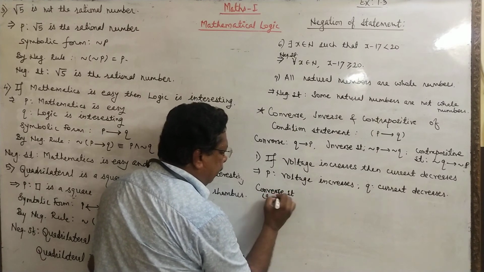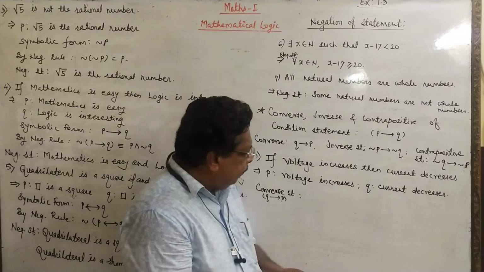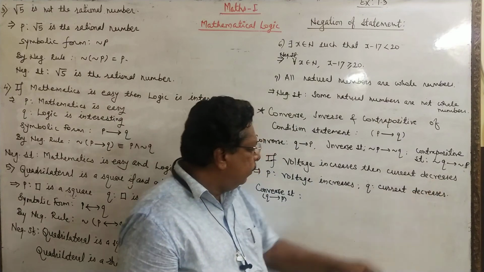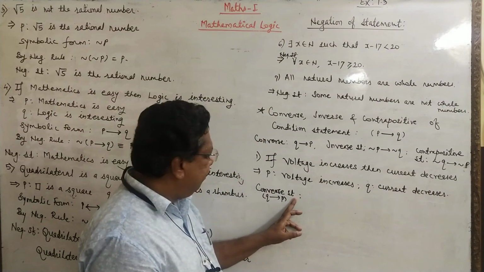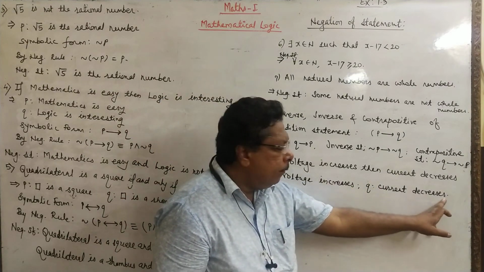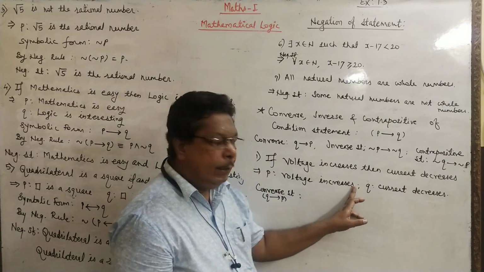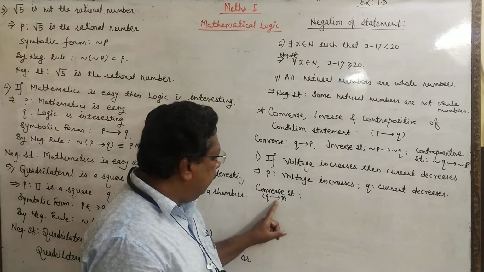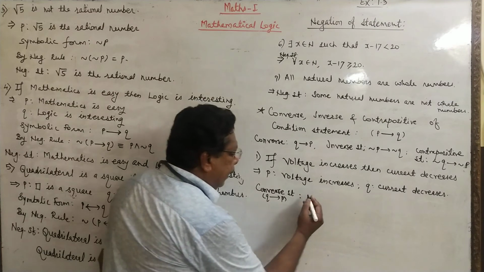Okay, now we have to write the converse statement. Converse means Q conditional P. The given statement is in the form P conditional Q. Converse is Q conditional P. What is Q? Current decreases. What is P? Voltage increases. In between them, the connective is conditional, meaning join these two statements by the connective if then.